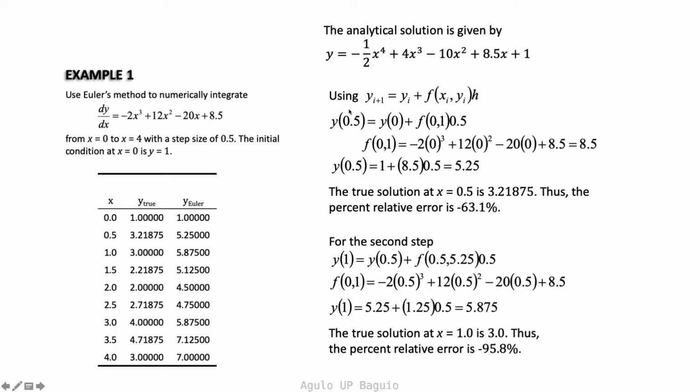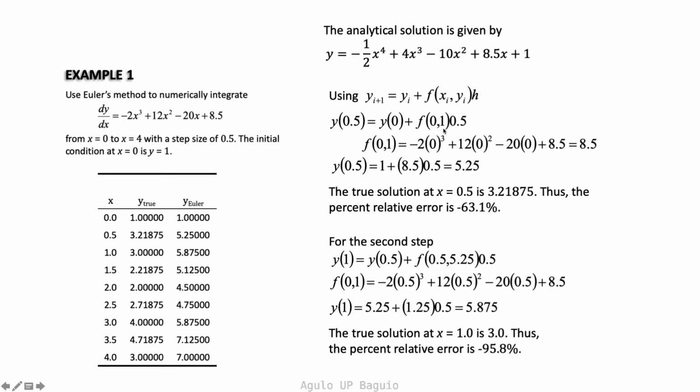Using this equation, y at 0.5 is equal to y at x equals 0 plus f. Since x equals 0, we put 0 here, and since y equals 1 at x equals 0, we put y here. And since we determined h to have a step size of 0.5, we put 0.5 here.